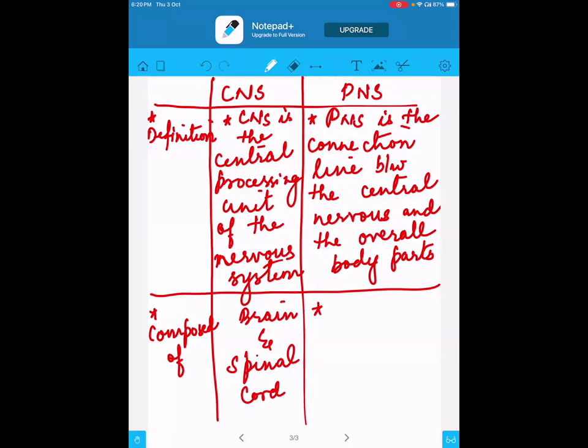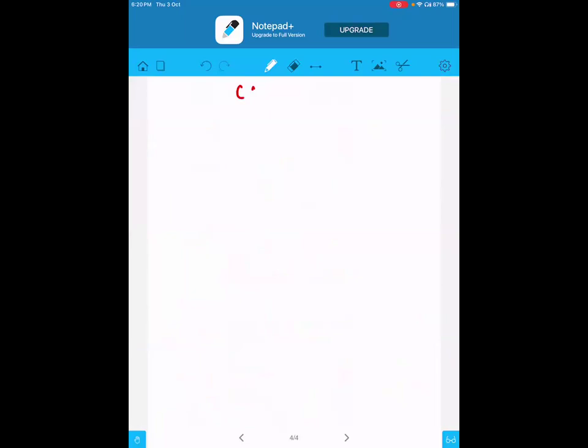Whereas the peripheral nervous system includes two parts, which are the somatic and the autonomic nervous system. So that is how they are made up. The CNS is made up of brain and spinal cord, whereas the PNS is made up of somatic and the autonomic nervous system.